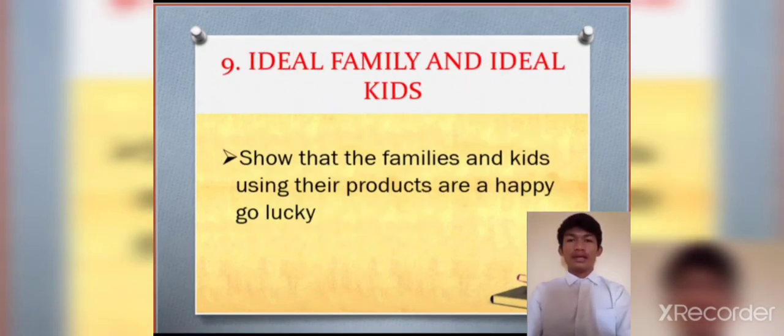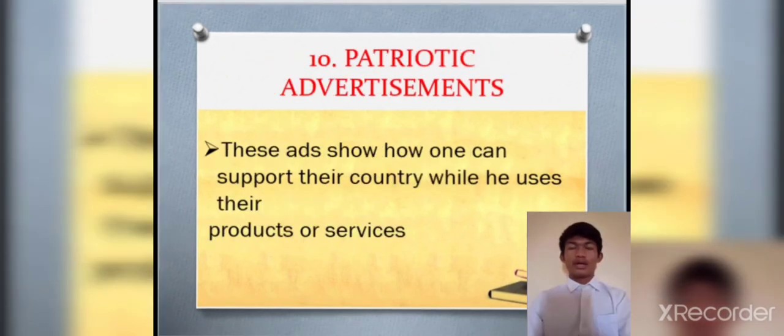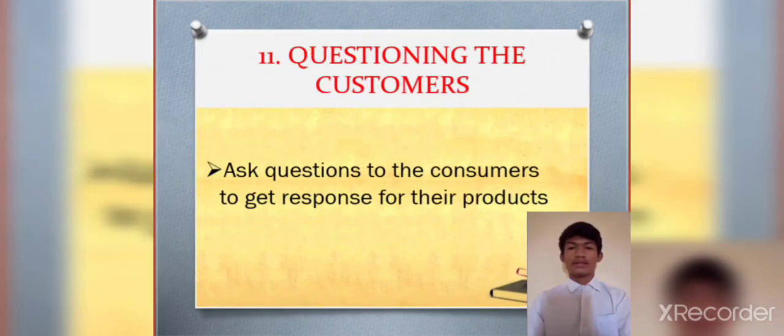Ideal family and ideal kids. Show that the families and kids using their products are happy-go-lucky. Patriotic advertisement. These ads show how one can support their country while he uses their products or service. Questioning the customers.